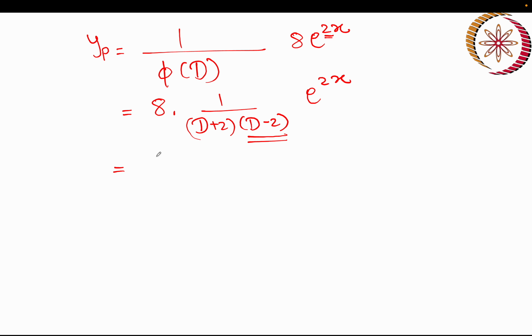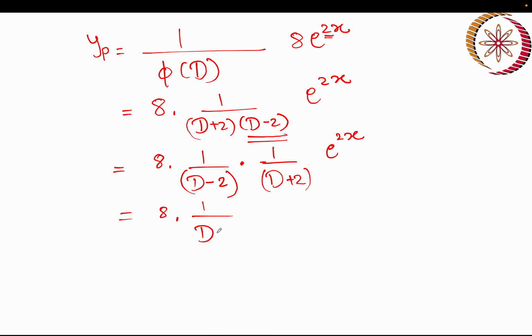So we'll keep one term as it is for now, and substitute this 2 into the other term. We'll operate by this term first, and what we'll get is 8 times 1 upon 4, 1 upon D minus 2, e raised to 2x.